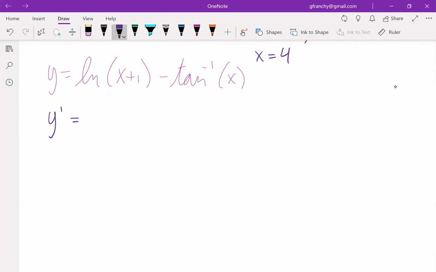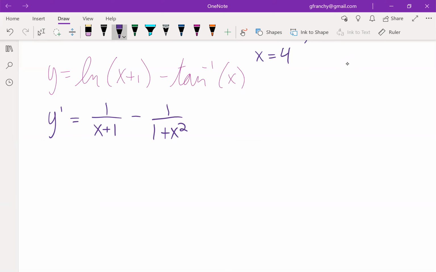Derivative of log of x plus 1 is 1 over x plus 1, minus the derivative of inverse tangent, which is 1 over 1 plus x squared.